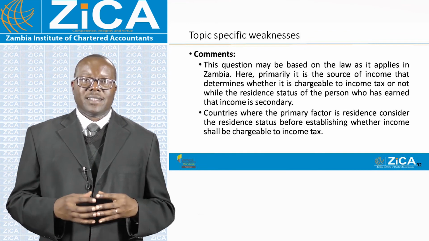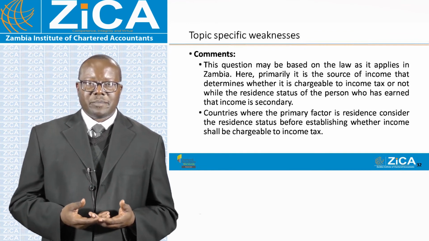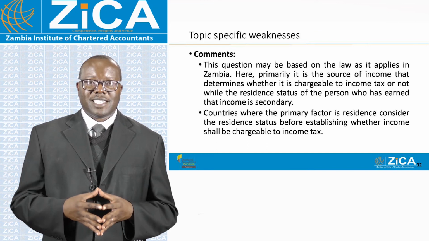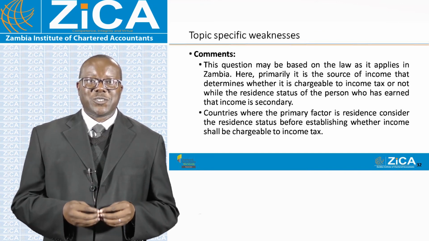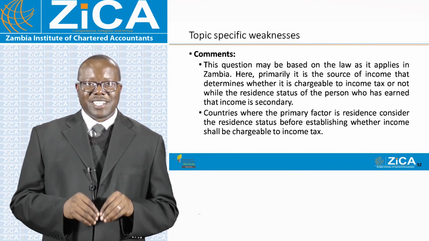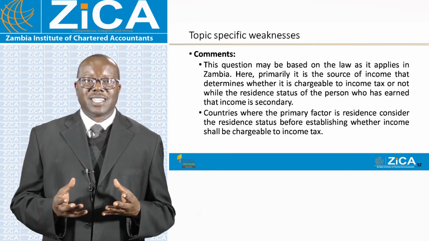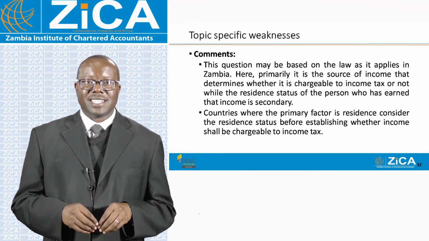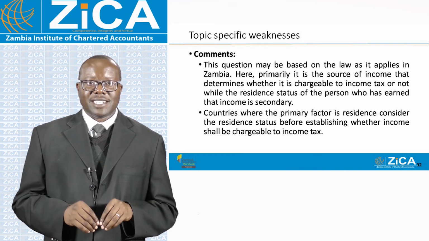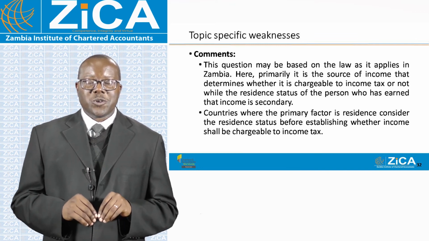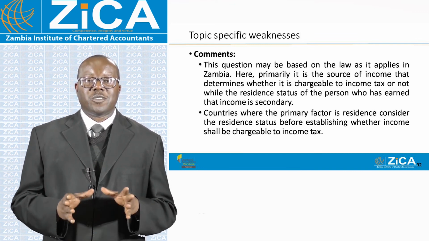In states where residence taxation applies, persons are chargeable to tax by reason of being resident, irrespective of the source of income. Meaning, residents in that case are chargeable to tax on the income from all over the world.